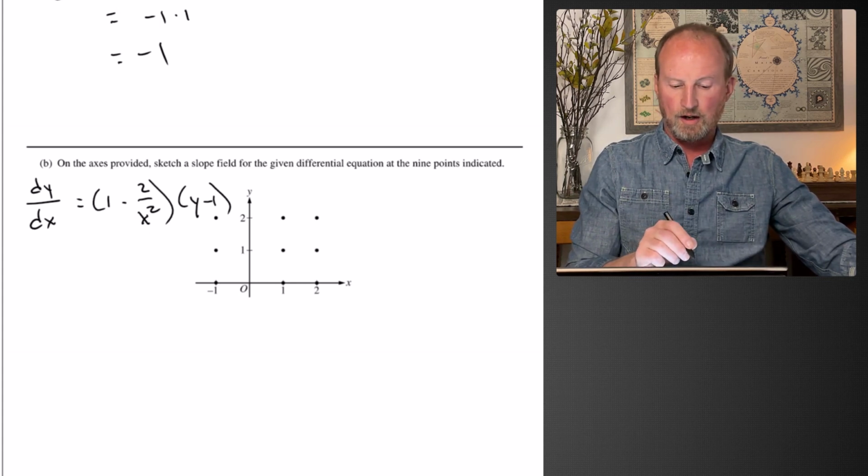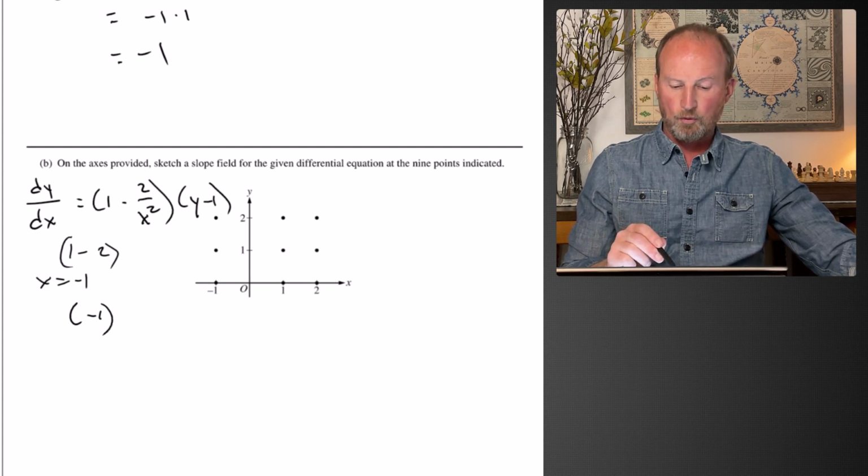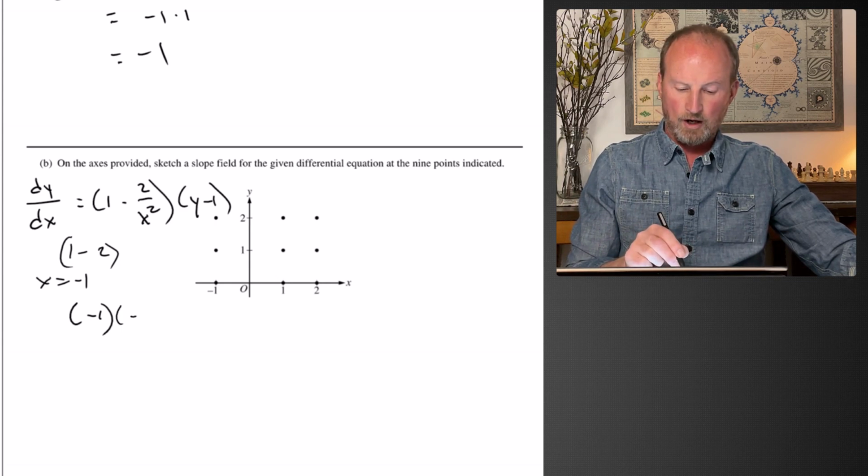So I get 2 divided by 1. So I get 1 minus 2. So when x is -1, that first part is -1. Now let's adjust. When y is 0, like on the origin or on the axis, that's -1, and this becomes a +1 slope. I'm aiming up for that point up there, +1 slope.